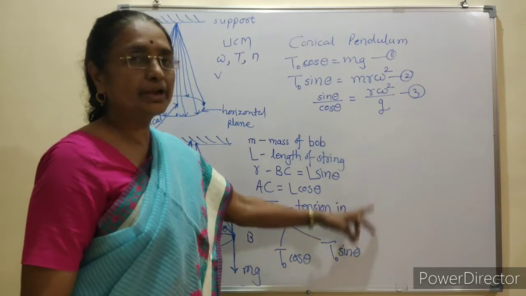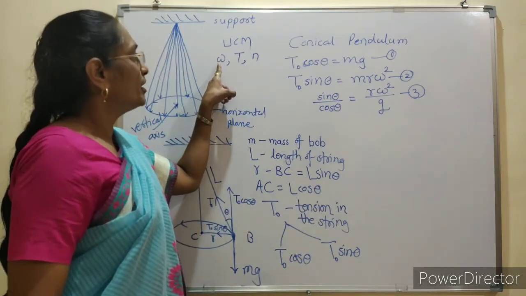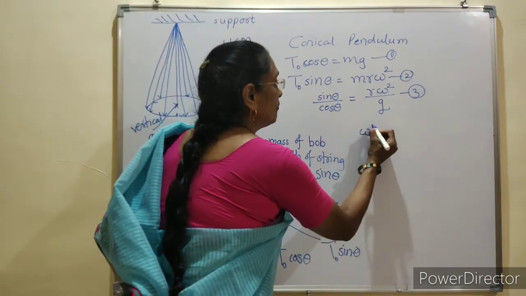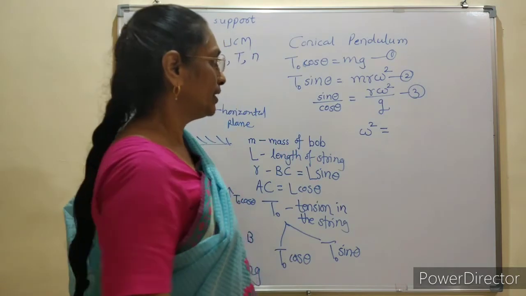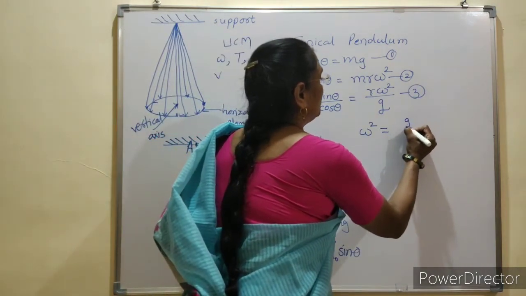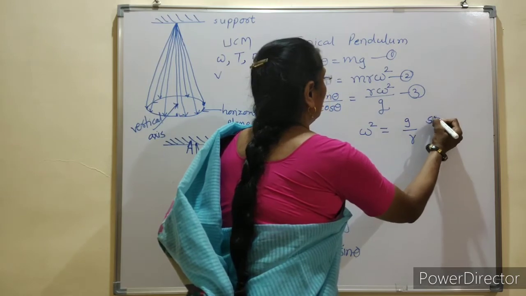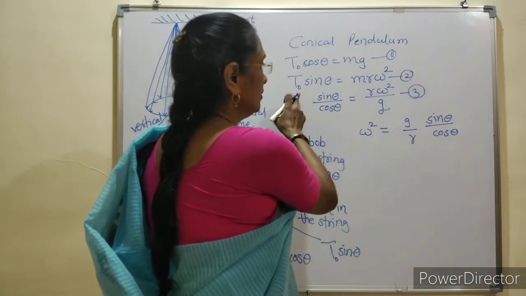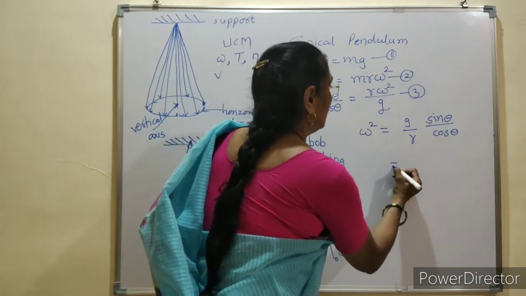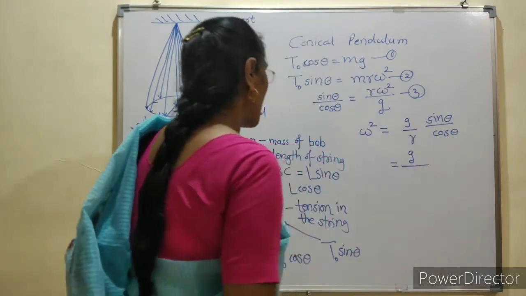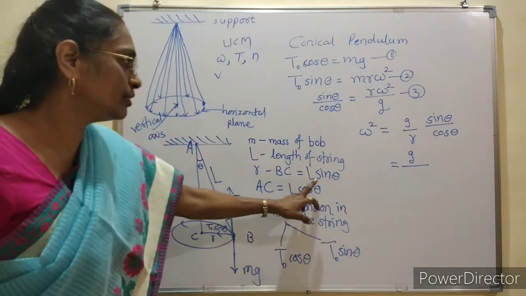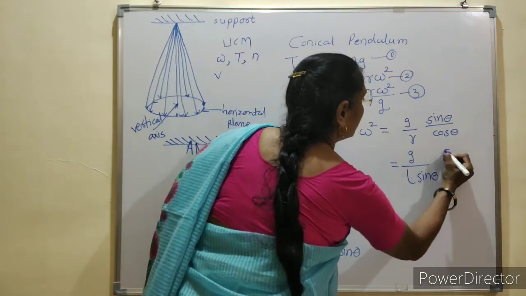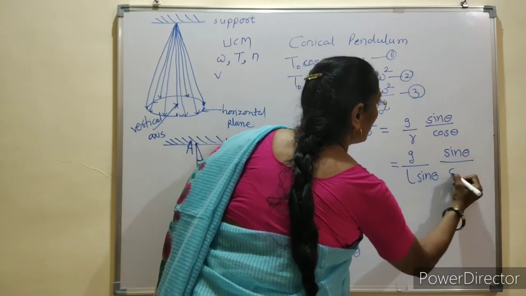Now from this relation we can derive the relations for omega, T and N. How can we write here? For omega square we write g upon r into sin theta upon cos theta. Simply cross multiplying g and r, we can substitute for r. r can be equal to L sin theta.